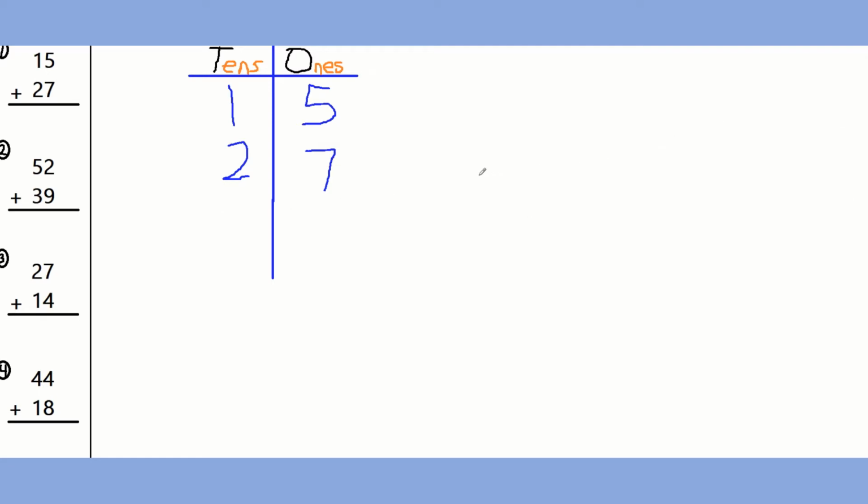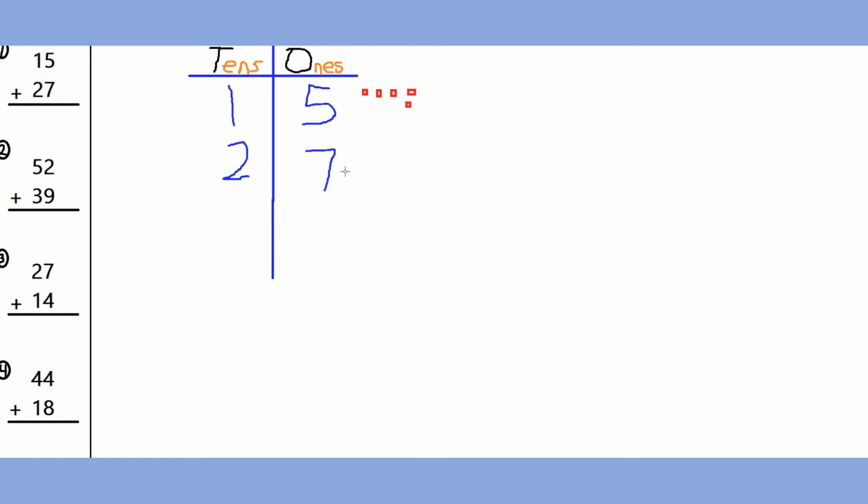And now all we have to do is draw that out. So let's get our ones. It says we need 5 ones. So let's do some blocks. 1, 2, 3, 4, 5. Let me make that a little bigger for us. 5.